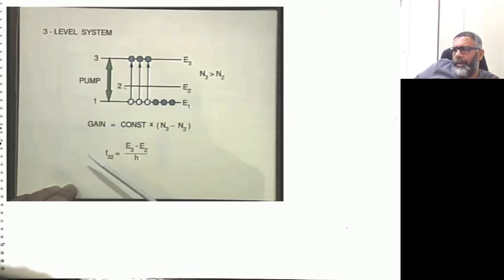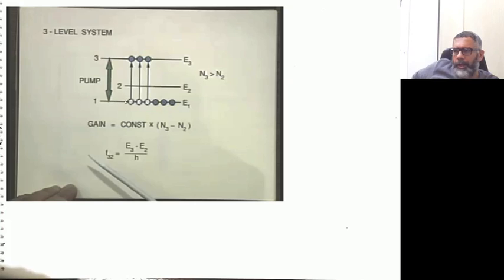Suppose you have these 3 level atoms, and you have the ground state numbered 1, the first excited state numbered 2, and the second excited state numbered 3. This is the highest energy. E3 is higher than E2, and E2 is higher than E1. So you might ask yourself, you can always adjust your pump so that it takes the ground state electrons not to 2 but to 3.